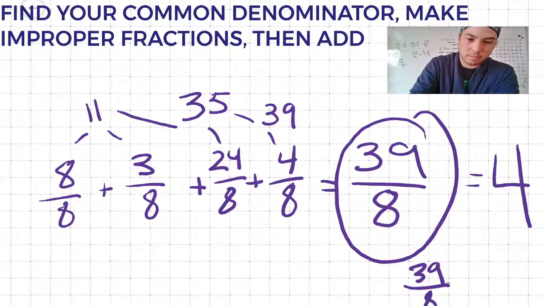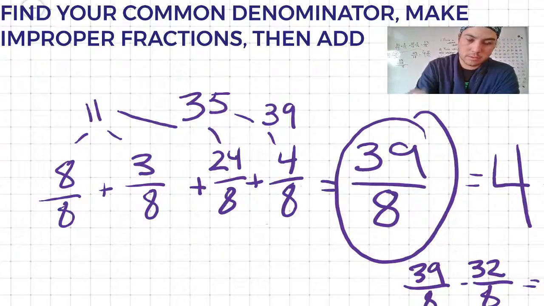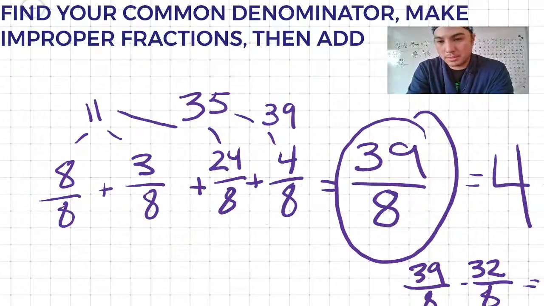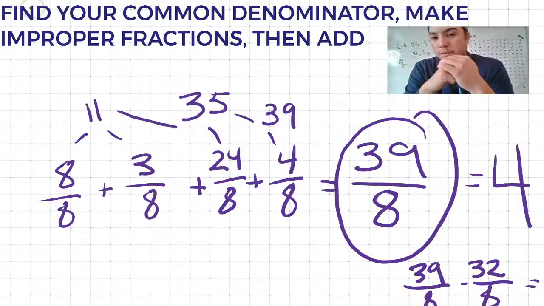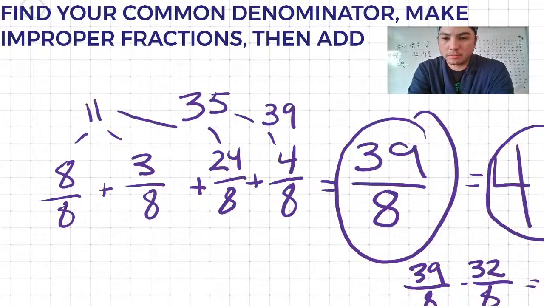That equals 7 eighths. So our final answer here is 4 and 7 eighths.